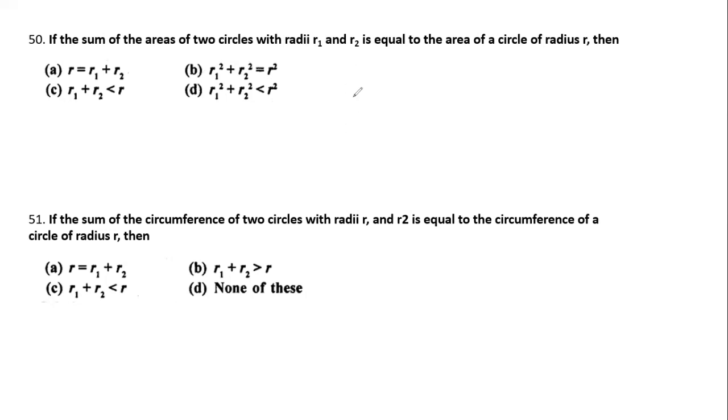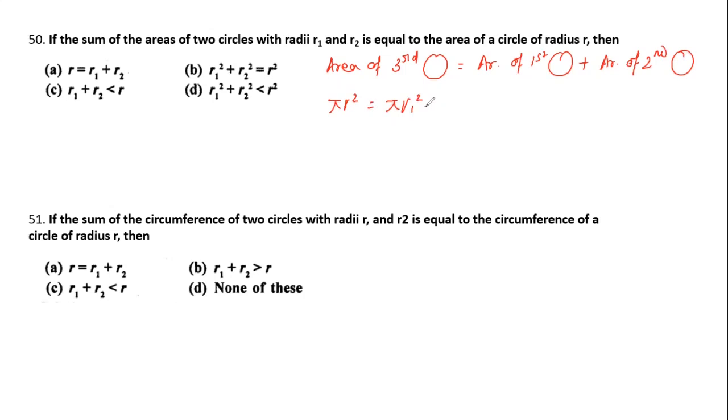According to the given condition, area of the third circle is equal to area of the first circle plus area of the second circle. Let's take pi r square is equal to pi r1 square plus pi r2 square.